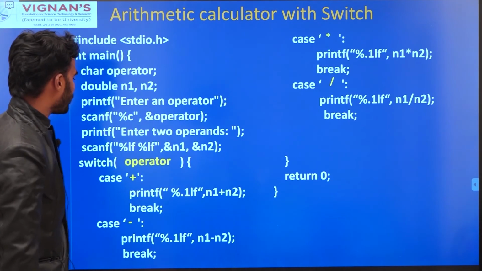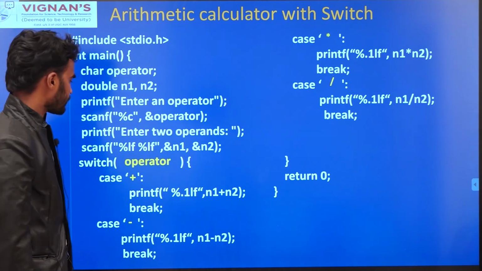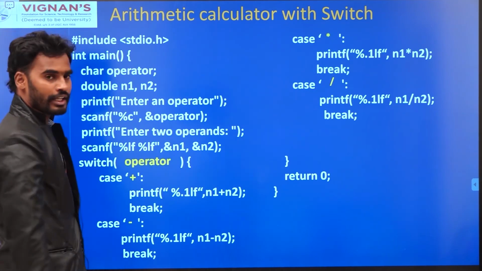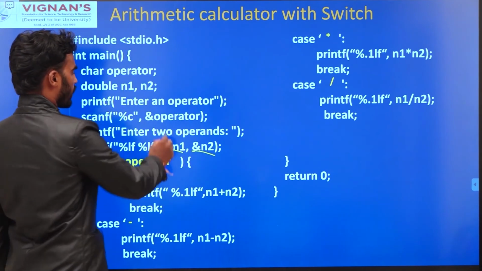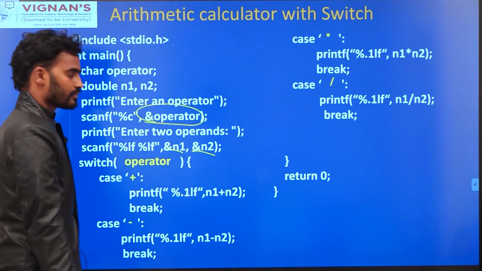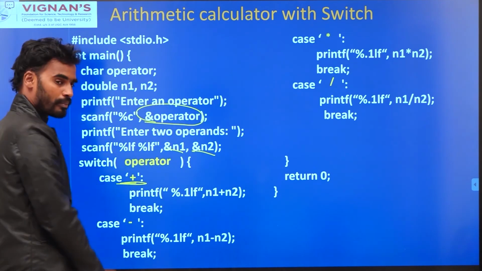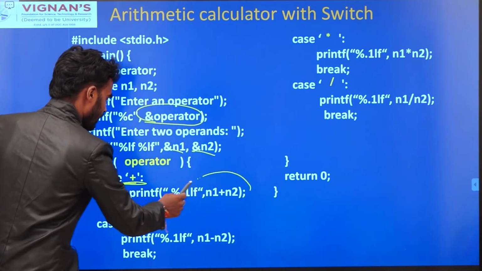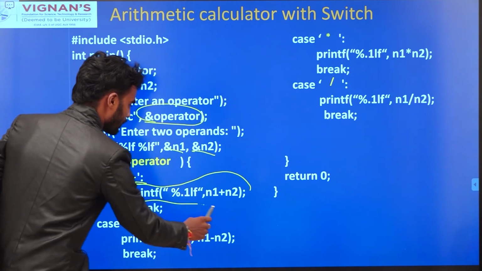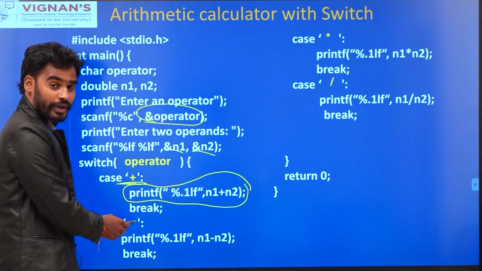So this is the same example that we discussed as part of the else if ladder. It takes 3 inputs, 2 operands and 1 operator. It will check the operator. If the operator is equal to plus, then the statement under the plus label will be executed, and then immediately after there is a break statement.